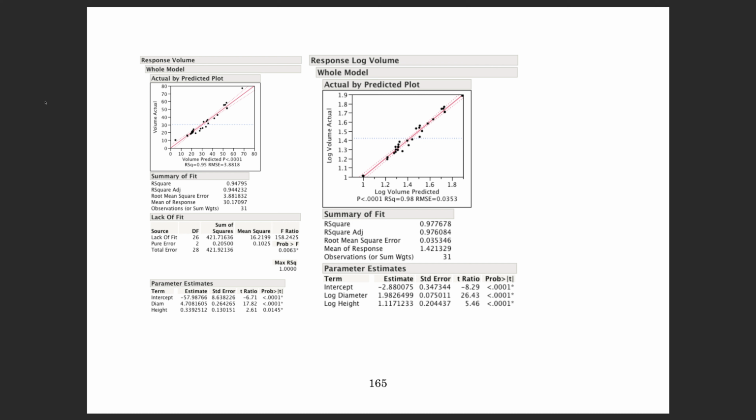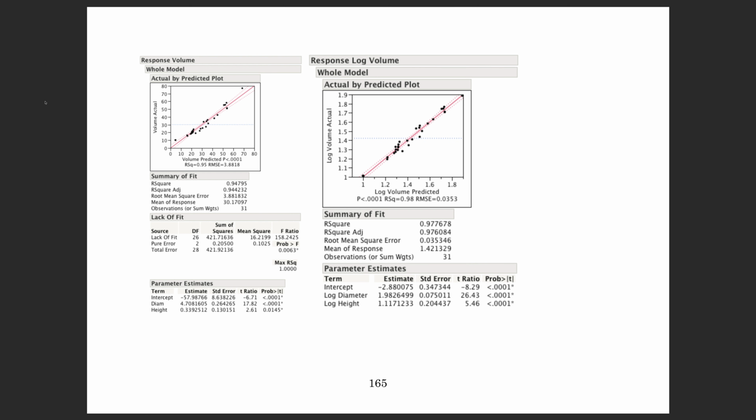So interestingly, the example on the left-hand side, you will find it in some statistics textbooks. And they show this as an example where after looking at the residuals, you decide that you need to also include diameter squared. So in other words, they end up with a model which is more complicated than the model on the right, but it still doesn't fit as well as the model on the right.